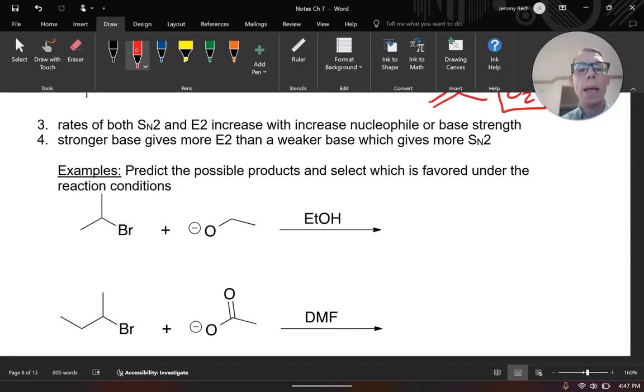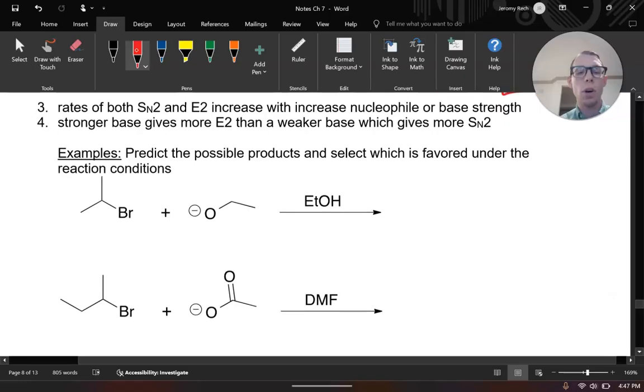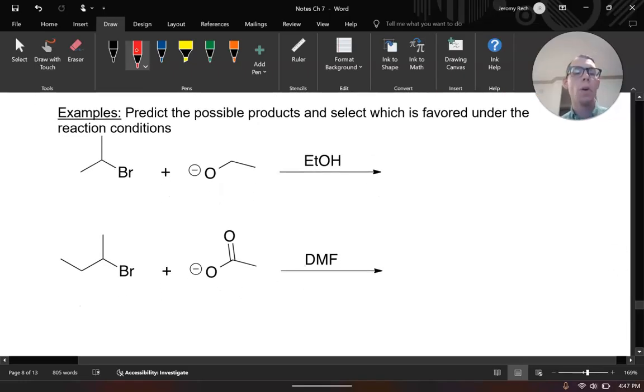A stronger base is going to give more E2. A stronger nucleophile, which would be a weaker base, would favor your SN2. Now, let's look at these two examples to show that. Here we have, and I'm going to make it the exact same structure.